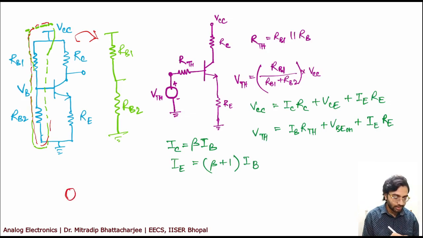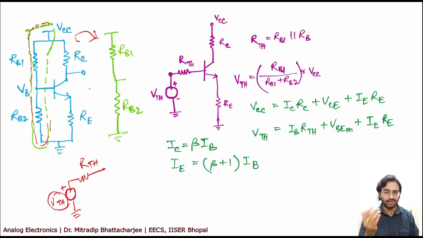Thevenin's equivalent circuit is you have a voltage source connected to a resistance. Thevenin's equivalent circuit is simply this one. Now this voltage source is known as VTH, Thevenin's equivalent voltage, and resistance is known as Thevenin's equivalent resistance. That you have done maybe in the basic electrical or basic electronics course.